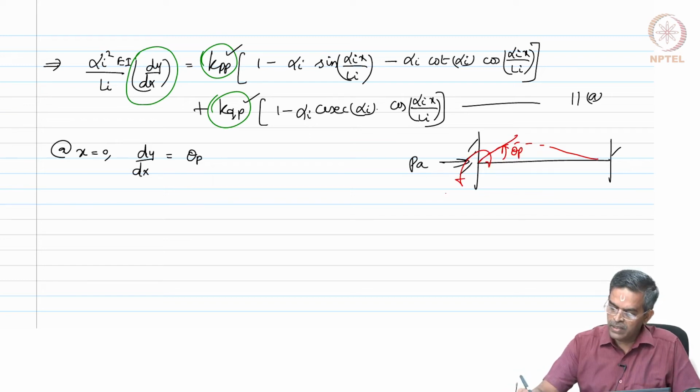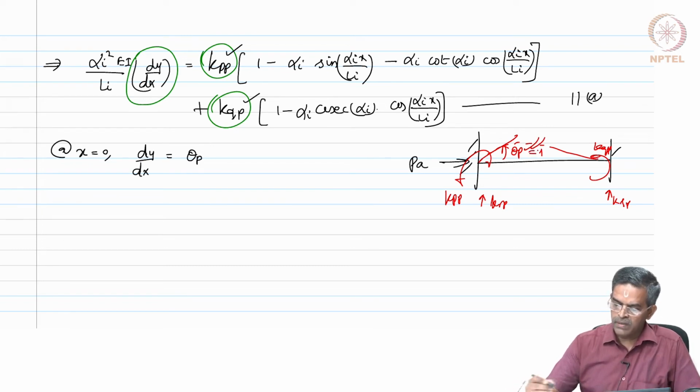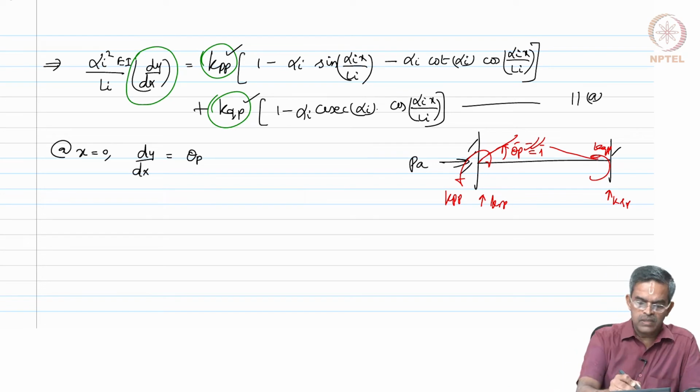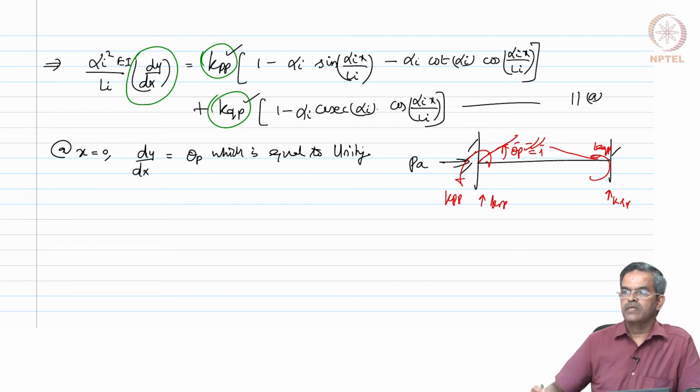That is how we generated KPP, KQP, KRP and KSP. So, we are given theta p, which is equal to unity.